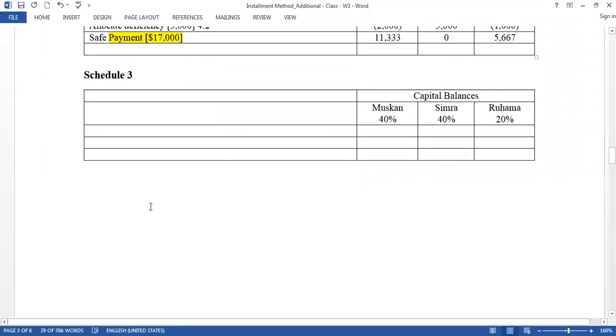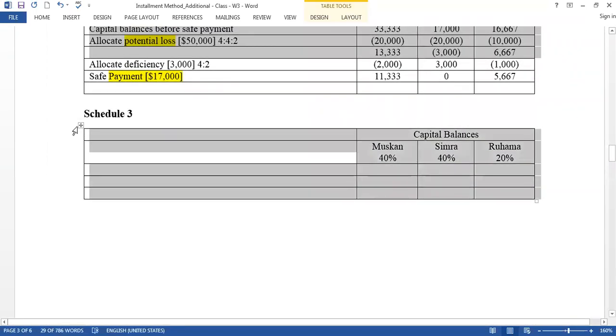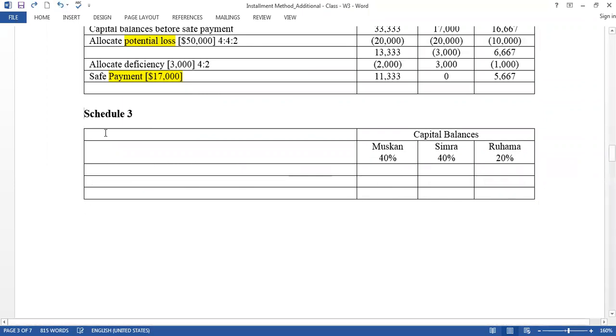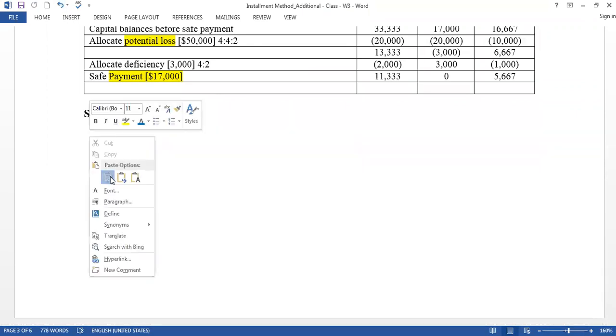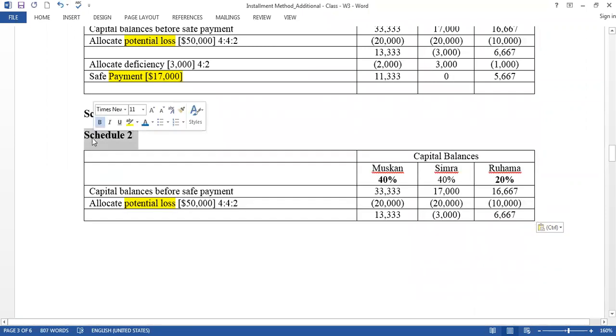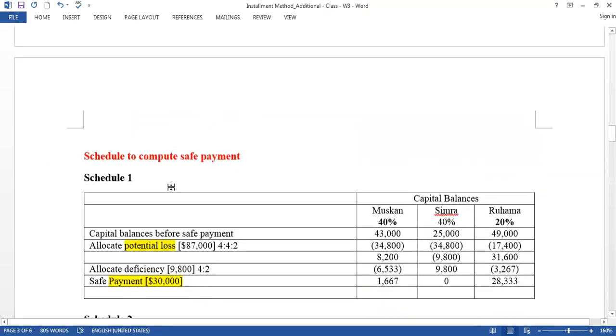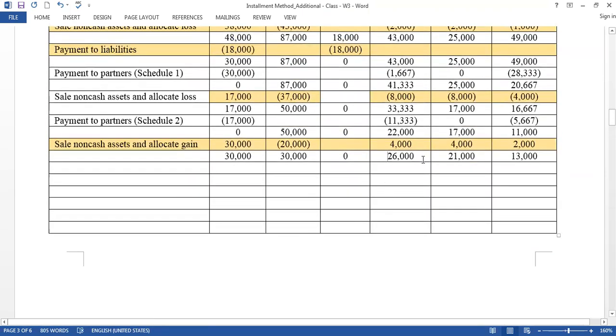So we are going to prepare another schedule called Schedule 3. Now, what are the balances before the safe payment?